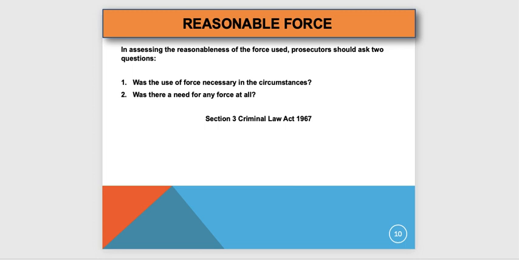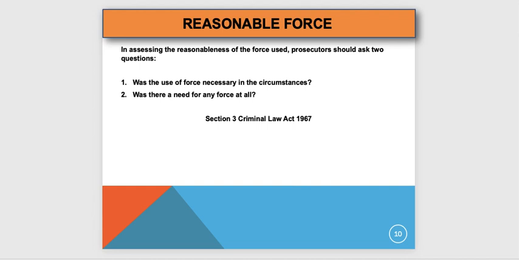So there are two questions that prosecutors would ask about reasonable force. Was the use of force necessary in the circumstances? So let me give you an example. You're standing there and that person is shouting at you, getting aggressive towards you. However, they've not laid their finger on you. Is it acceptable for you to put your hands on them?